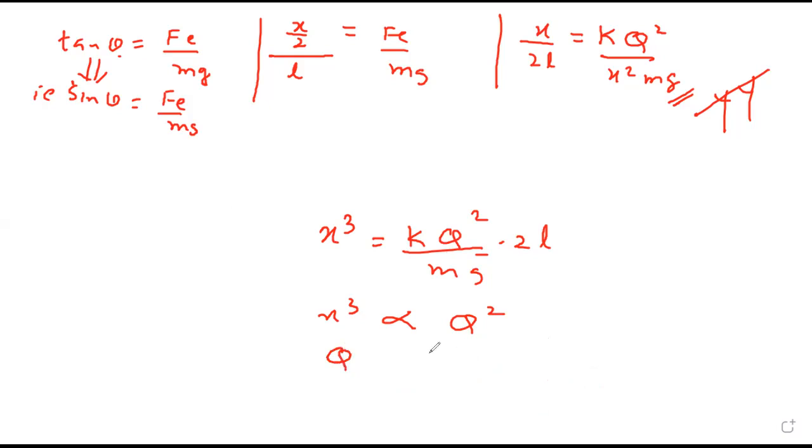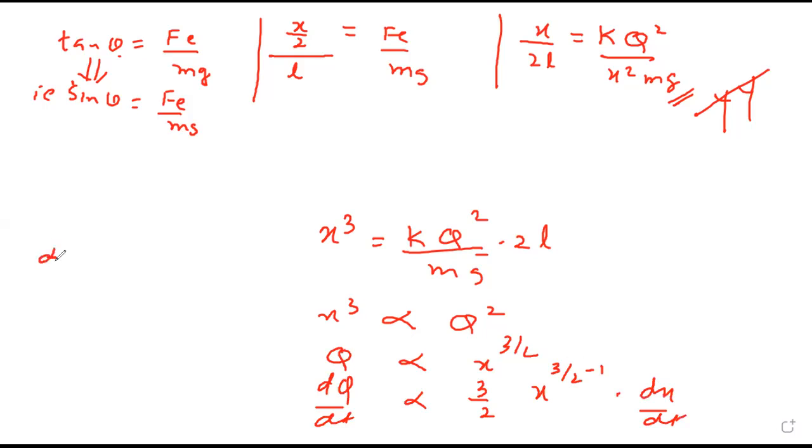So that means q is proportional to x raised to 3 by 2. So dq by dt is proportional to 3 by 2 x raised to 3 by 2 minus 1 into dx by dt. Therefore, dq by dt is proportional to 3 by 2 x raised to half into velocity v.